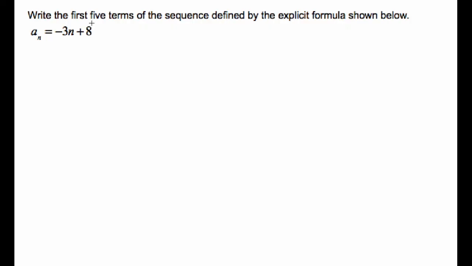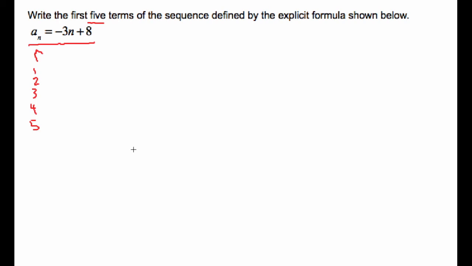Let's write out the first 5 terms of the sequence defined by the explicit formula shown below. And the formula is a sub n is equal to negative 3n plus 8. So what we'll do is we'll go ahead and substitute in values for n of 1, 2, 3, 4, and 5.